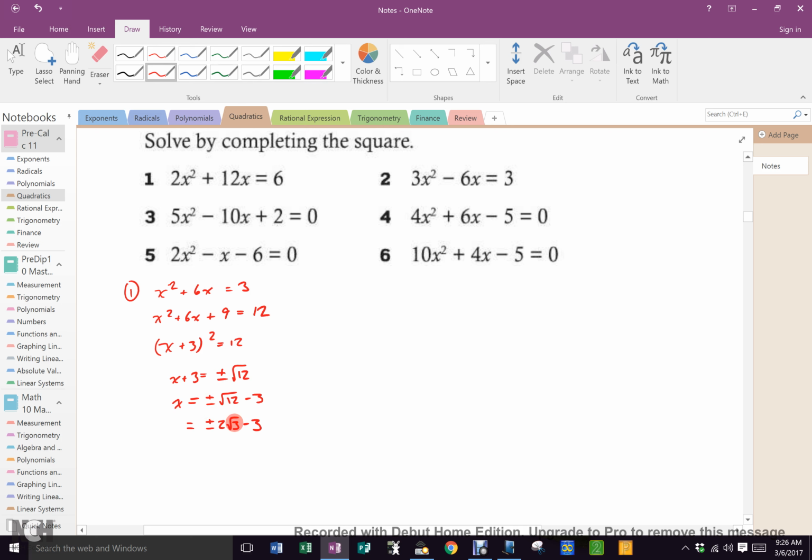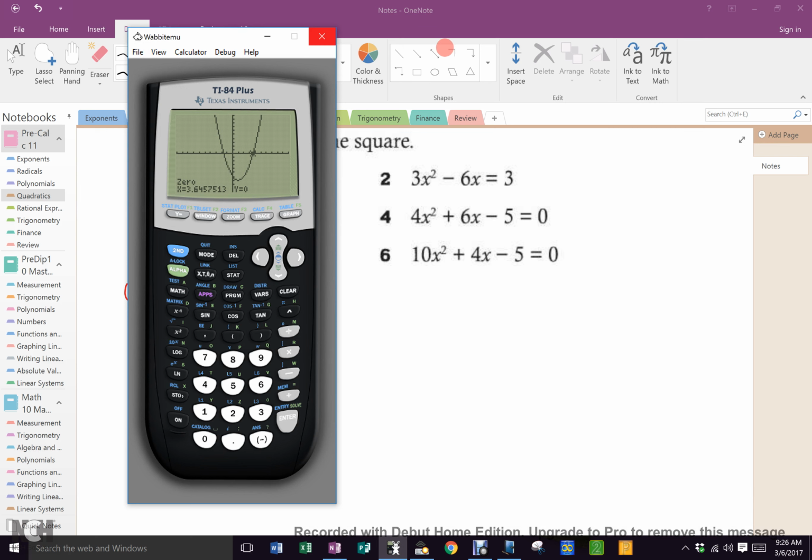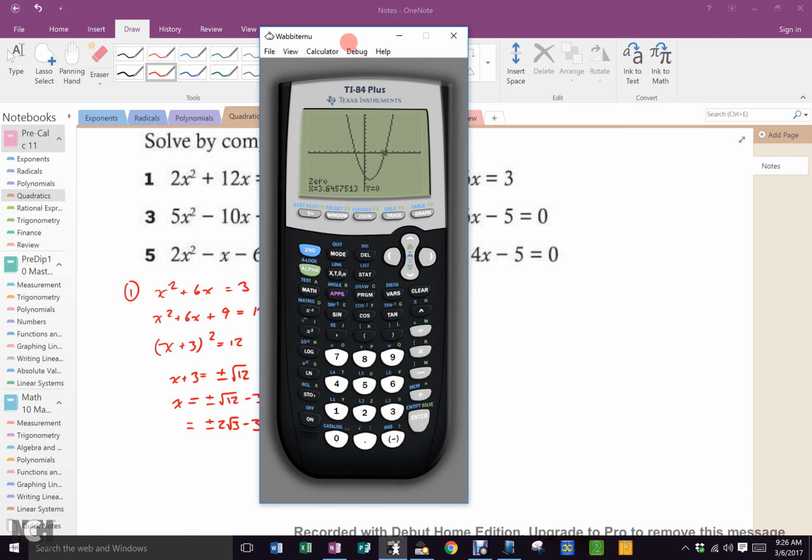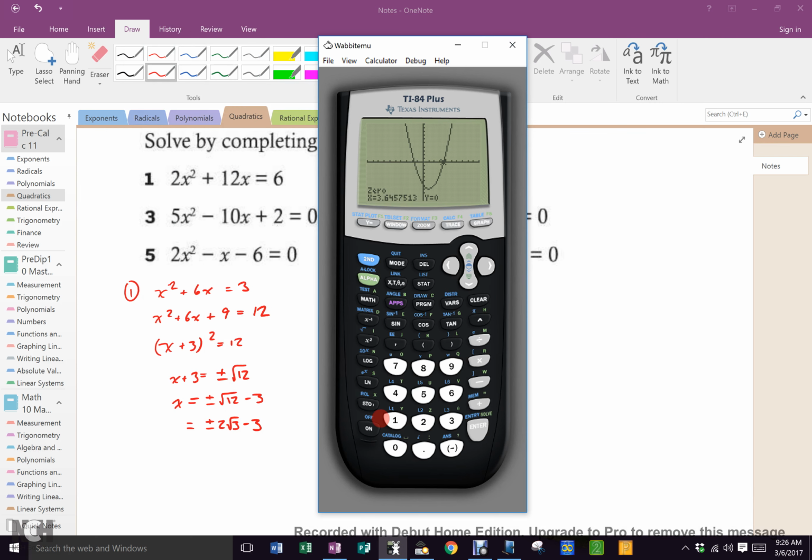Now, I also asked you sometimes to sketch the graph. So, if here I am going to find the approximate roots, I would go to my calculator, and I could do this in two ways.